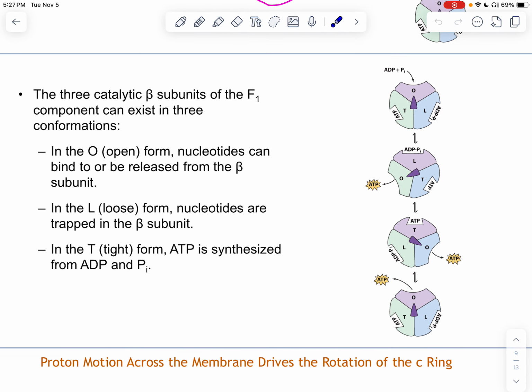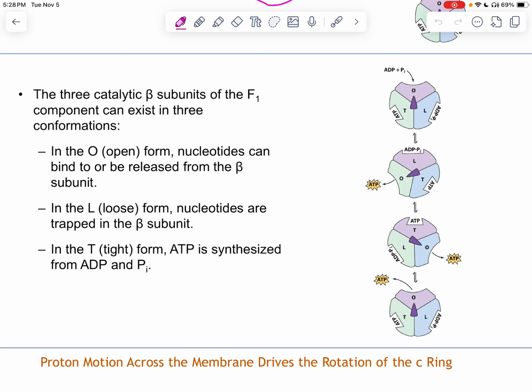It turns out that these catalytic subunits, the alpha beta dimers, can exist in 3 different conformations: the open, the loose, and the tight form. Let's just follow it over here on the left. We're going to follow the purple, the segment at the top, but they would all go through the same steps.